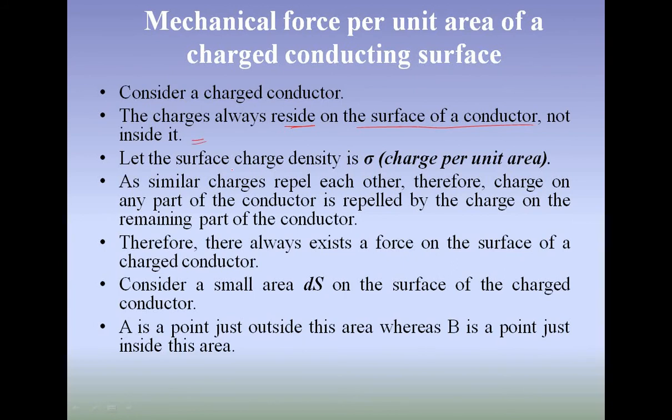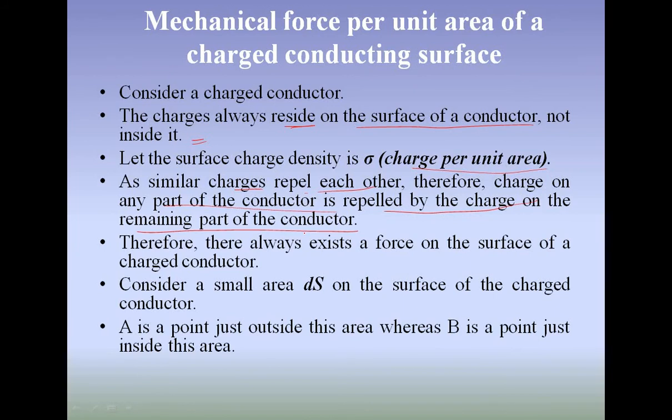Okay, so let the surface charge density be sigma, the charge per unit area. As similar charges repel each other, the charge on any part of the conductor is repelled by the charge on the remaining part of the conductor. Okay, because you know that similar charges repel each other.